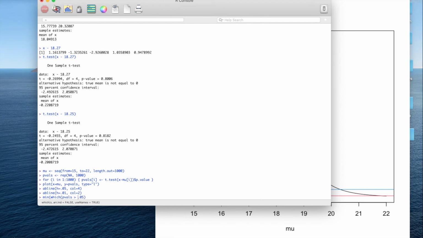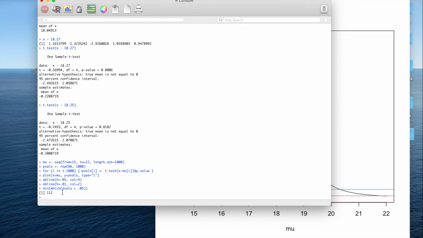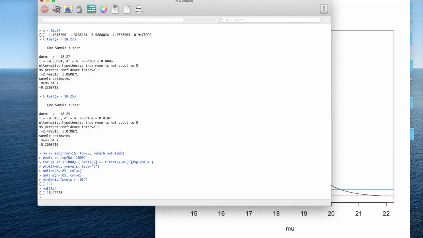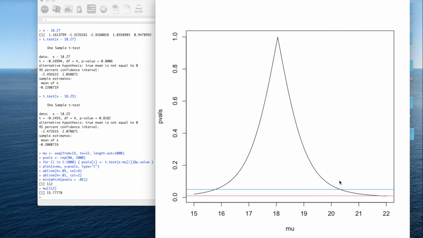And if I use min, I'm going to get the index of the first value that is above 0.05, and that's 112. The corresponding value of mu is 15.778. This is the value that we have seen previously on the graph.